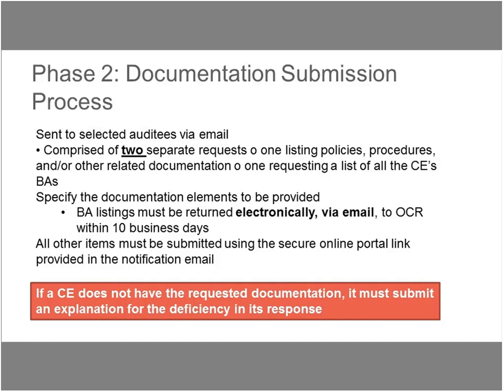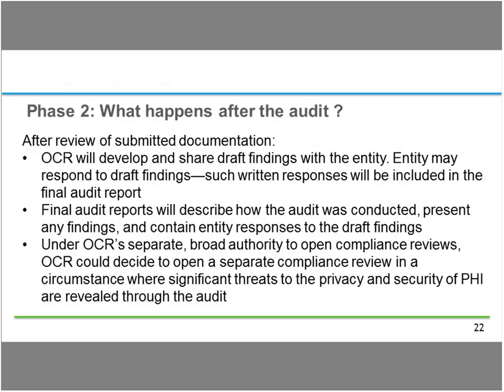The second is the list of BAs, the business associates you are doing business with, right? So they sent out two sets of emails. And as I mentioned earlier, if you are not able to submit the required information on time or with detail, you need to provide the explanation for the deficiency in your response, right?